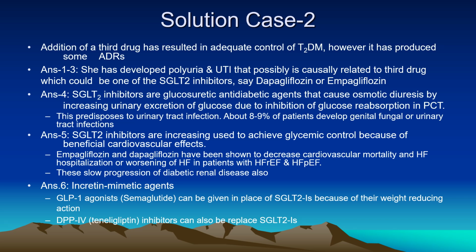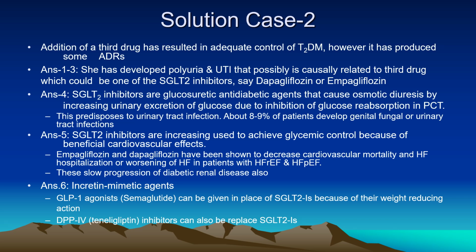Solution is, addition of a third drug has resulted in adequate control of type 2 diabetes mellitus, but it has produced some unwanted effects. She has developed polyuria and urinary tract infection, possibly causally related to the third drug, and such a drug could be SGLT2 inhibitors, dapagliflozin, empagliflozin, or others.